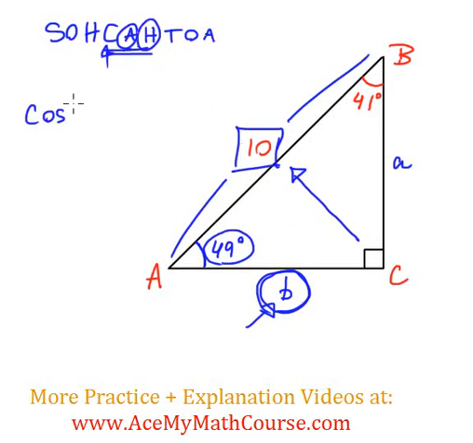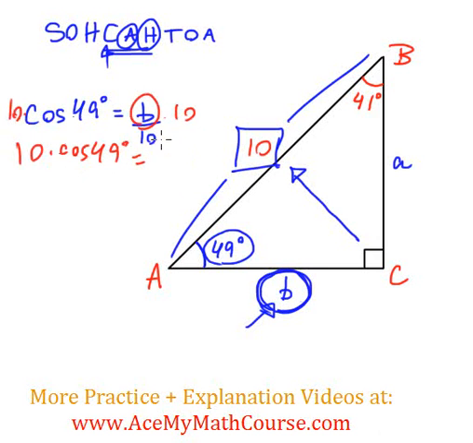And cosine of 49 degrees then will be equal to the adjacent, which is b, over the hypotenuse, which measures 10. Great. So now how can I solve for b? Well, I can multiply both sides of the equation by 10. So I get 10 times the cosine of 49 degrees, which is equal to b.